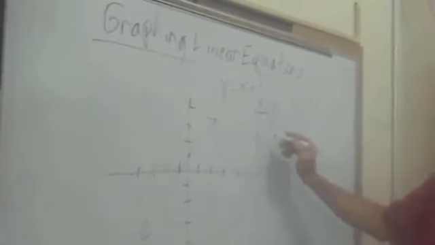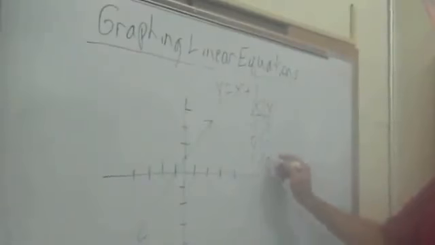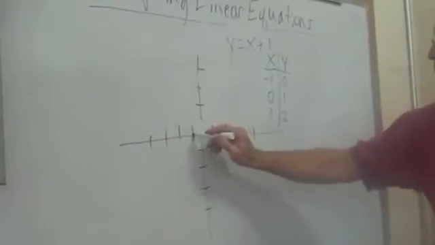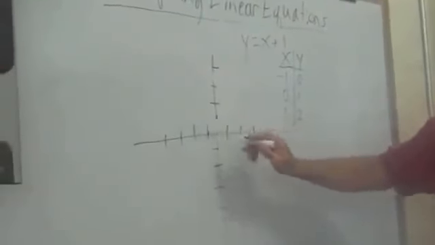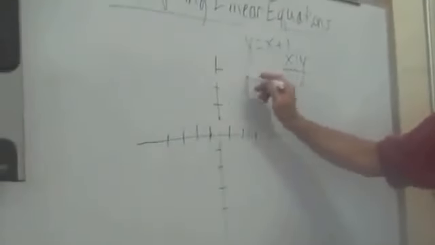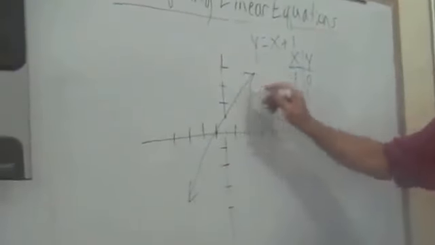Stick in 0 there, y is going to be 1. Stick in 1 there, y is going to be 2. Now if I graph that, you can see it's going to be the same line: -1, 0, then 0, 1, then 1, 2. That's going to give you the same line that we had before. Okay, does that make sense?